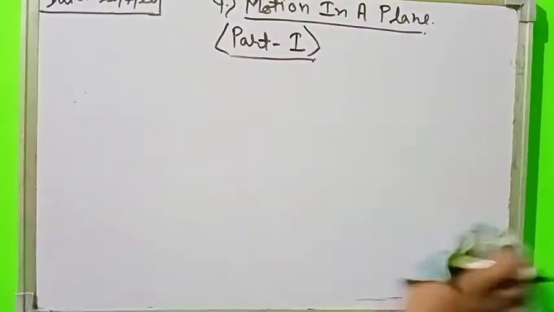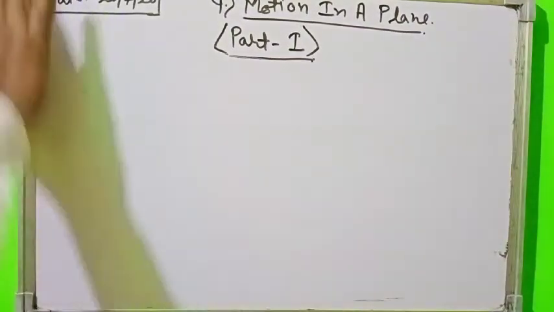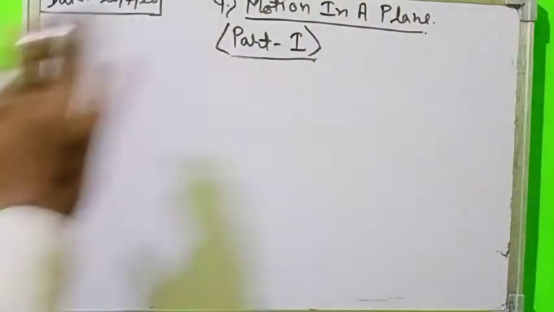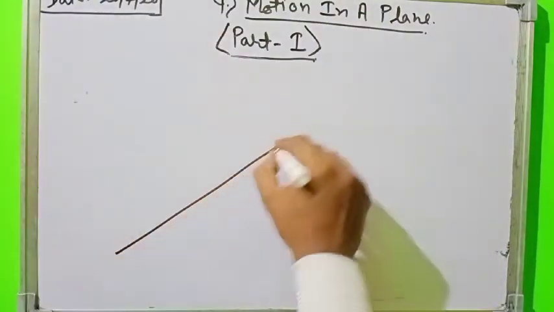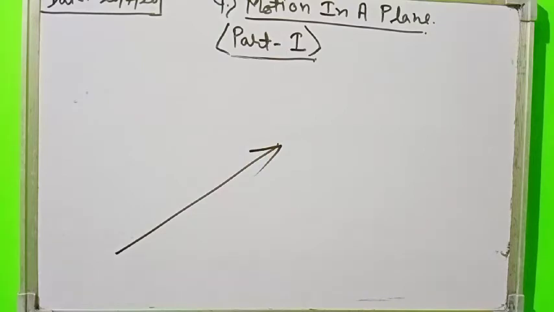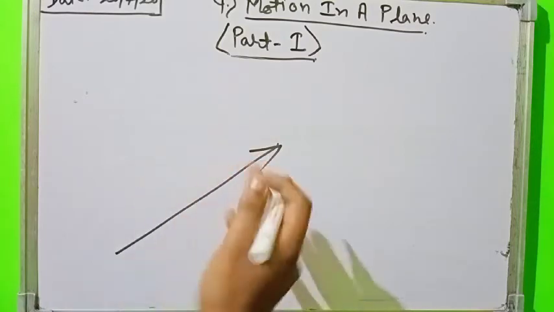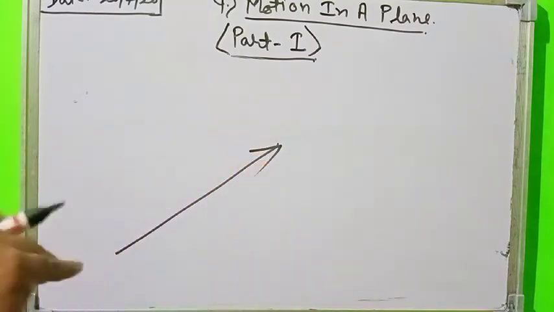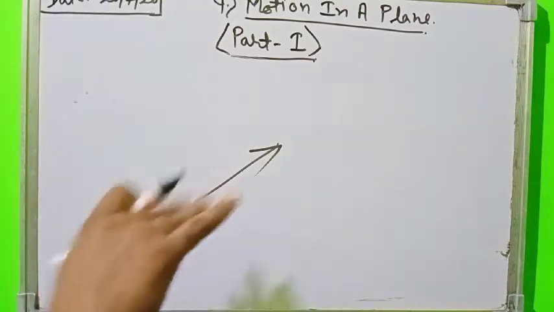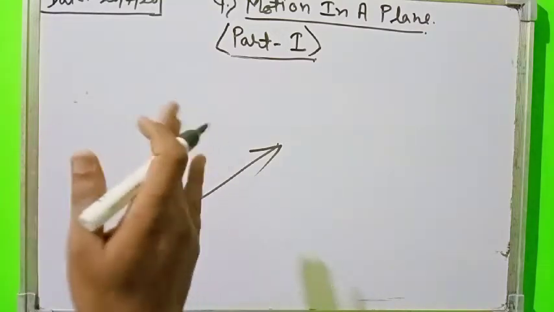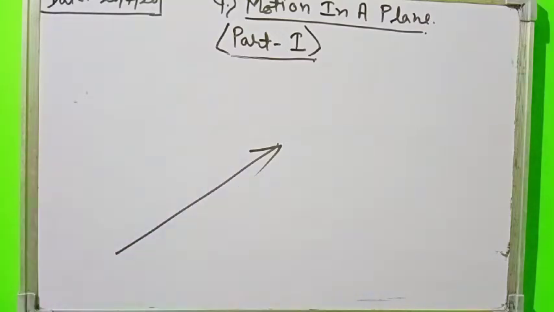But if I am saying that an object is moving in this plane, suppose the object is moving in this direction. Now, how can you define the direction of this object? Because to describe the direction, you need the coordinate axes. In which coordinate axes will you take this moving object?